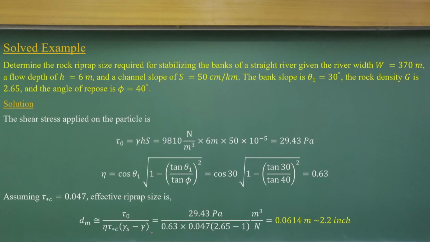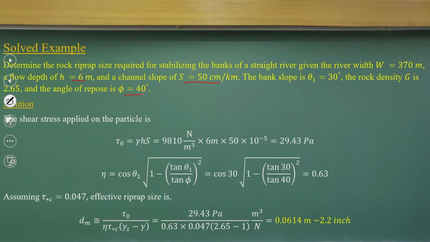Now, look at a very simple problem: determine the rock riprap size required for stabilizing the banks of a river, given the river width W is 370 meters, the flow depth is 6 meters, channel slope is 50 centimeters per kilometer, bank angle is 30 degrees, density G is 2.65, and angle of repose is 40 degrees.